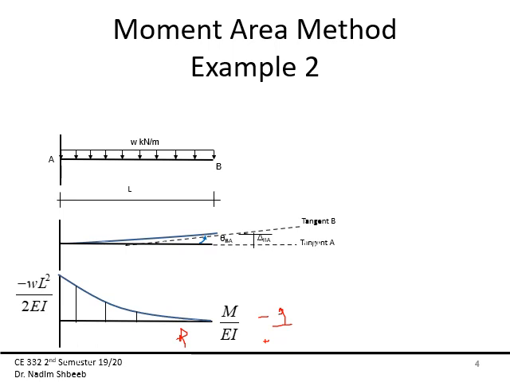So to find the theta, I'm going to start off with theta BA, which in essence is theta B, as you can see.